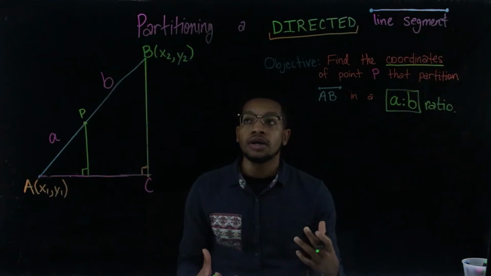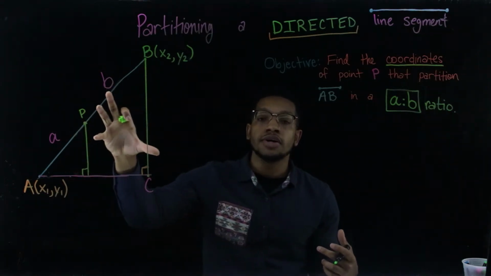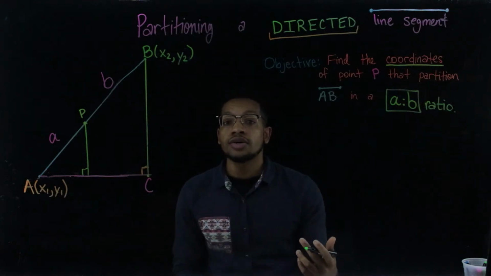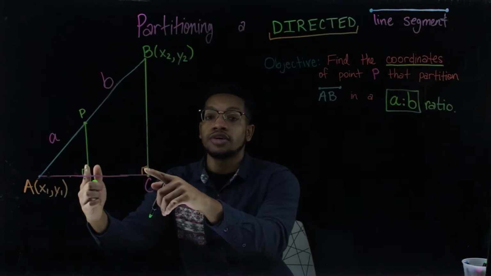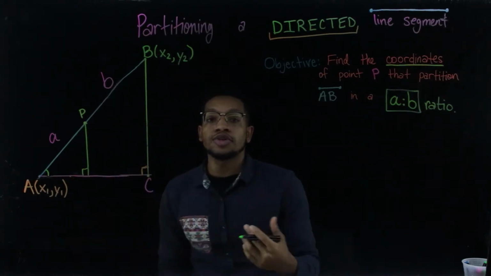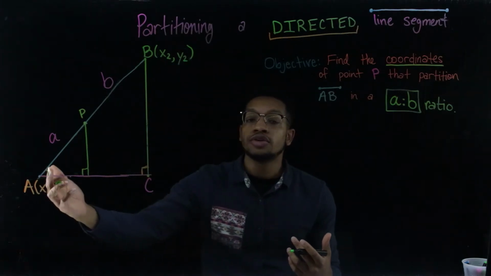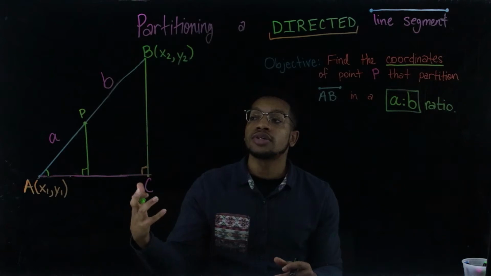So I just created a smaller right triangle and a bigger right triangle. Both of those triangles are similar because they have a pair of corresponding angles that are congruent, and angle A is common to both triangles, so it's congruent to itself. Angle similarity is why these two triangles are similar.